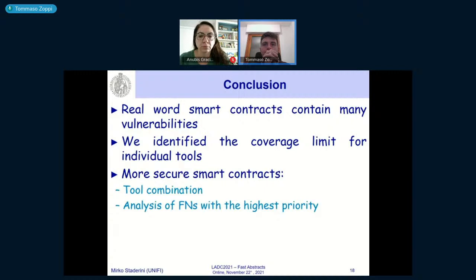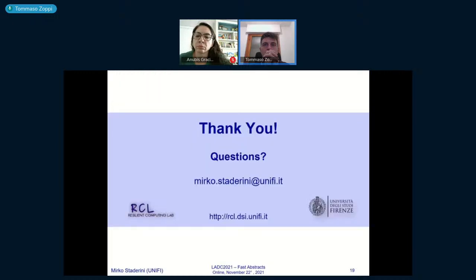In order to increase the security of smart contracts, we identified the best tool combination of our list, and we defined the false negatives that have to be analyzed first because of their highest priority. Thank you for your attention.